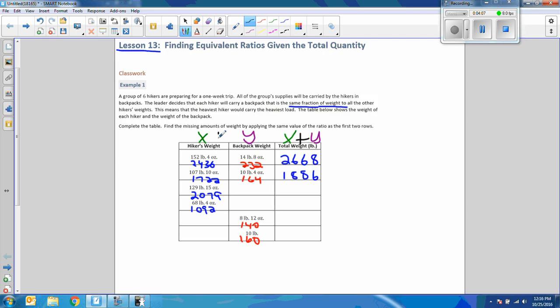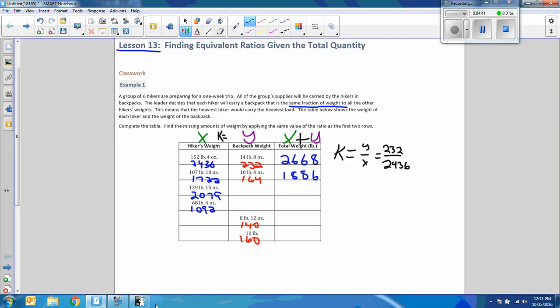So I need to know what my k is going to be. So we have the equation k equals y divided by x. So I'm going to take 232 divided by, okay, so that's my y, 232 divided by my x, 2,436.